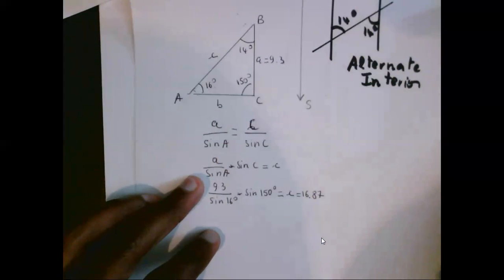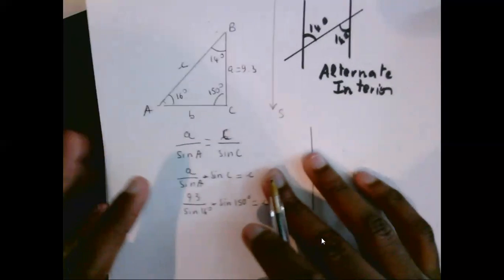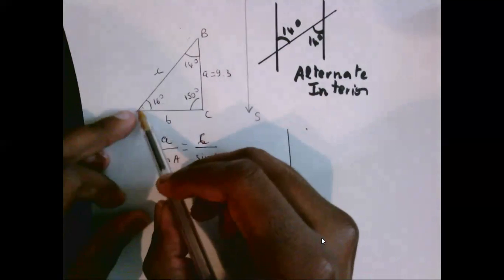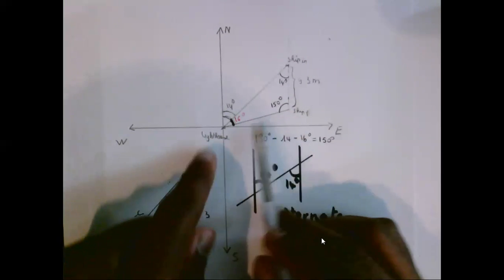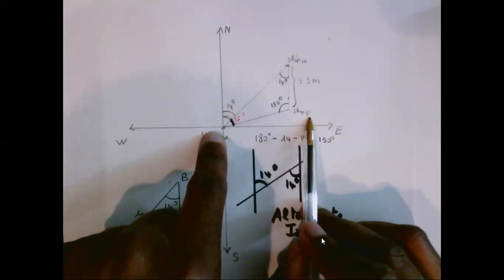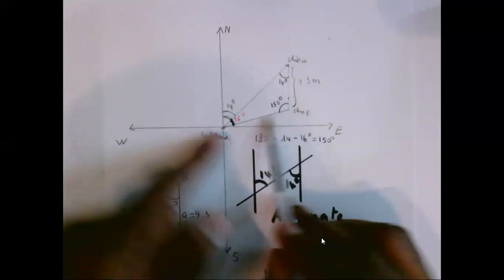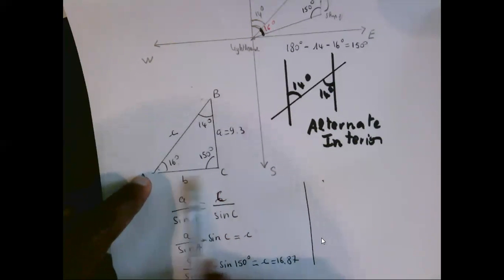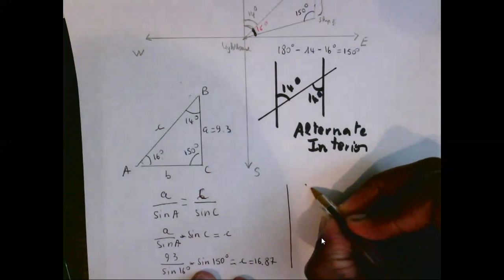Now I need to know the distance from here to here. We need to figure out the distance between the lighthouse and the ship in the final position. That means this side of the triangle. In other words, I'm representing this side as this one in here, based on the same law of sines.